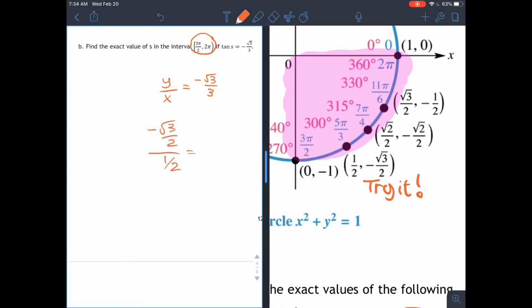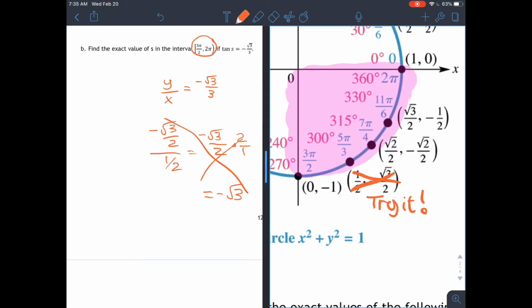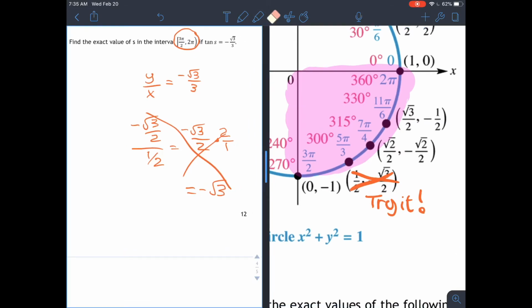So if I use the coordinate that passes through 5 pi over 3 and divide, I could multiply by the reciprocal, I end up with negative square root 3. That's not the tangent value we were looking for. So try a different one. I'm not going to use the ones with square root 2 because ours is supposed to come out to be square root 3. So let's try the coordinates that would be on your terminal side of 11 pi over 6.